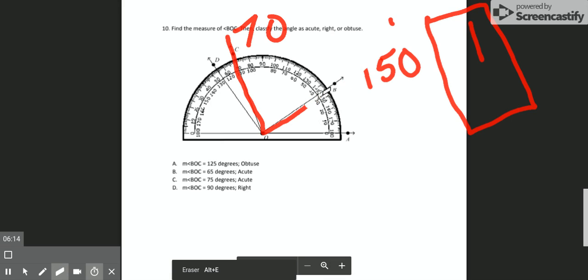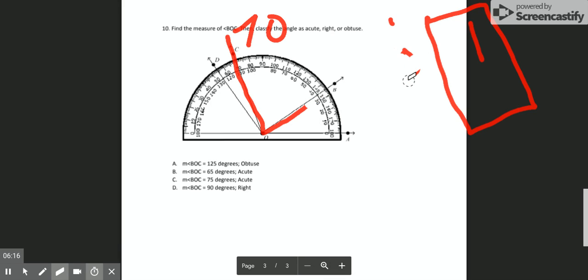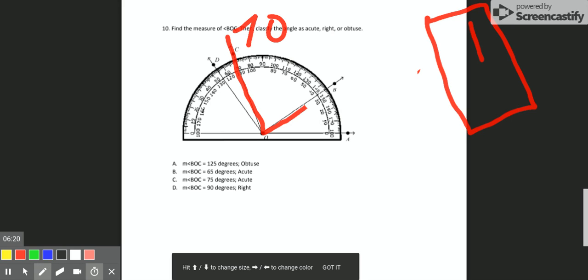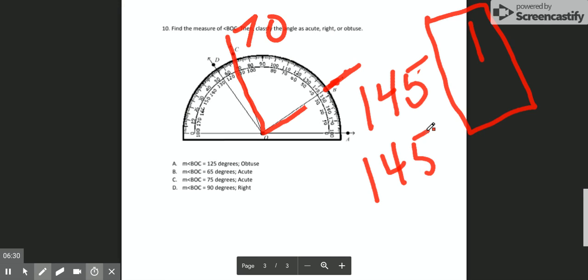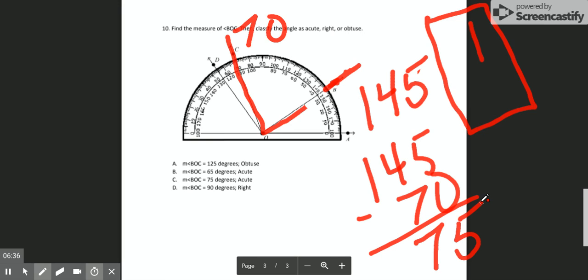So let's go back and look at B, because that answer choice wasn't there, so I know you did something wrong. So B is actually right there in between the 140 and 150, so it's at 145. So now we subtract 145 minus 70, and you would get 75. And 75 is an acute, so C is the correct answer for that one.